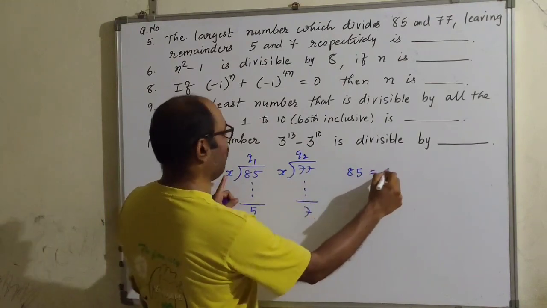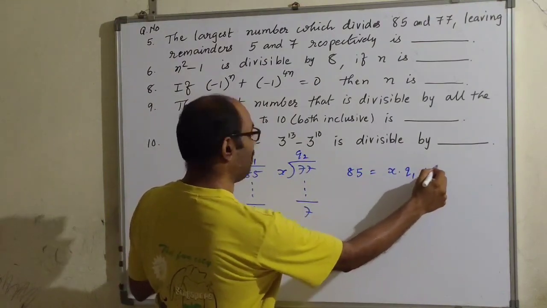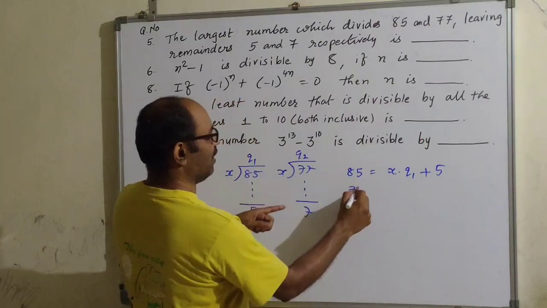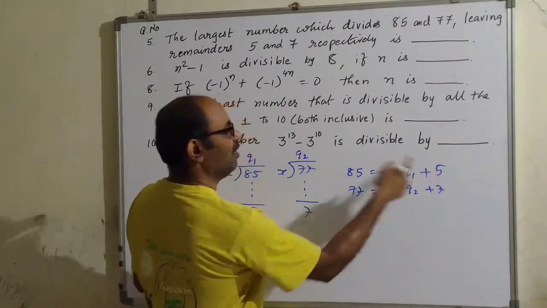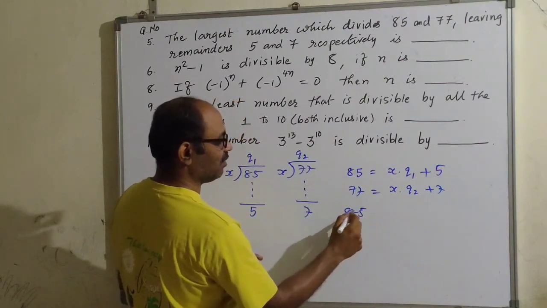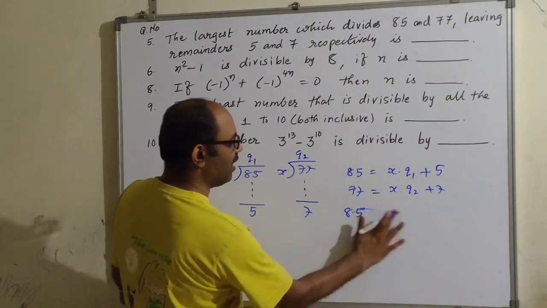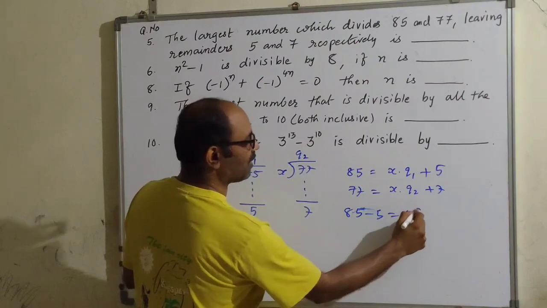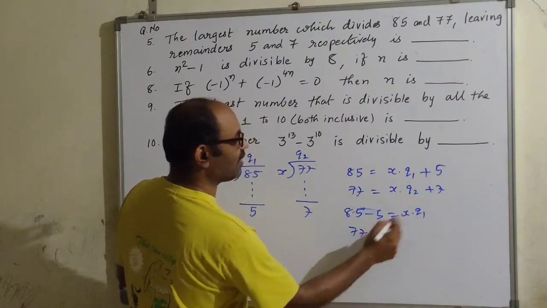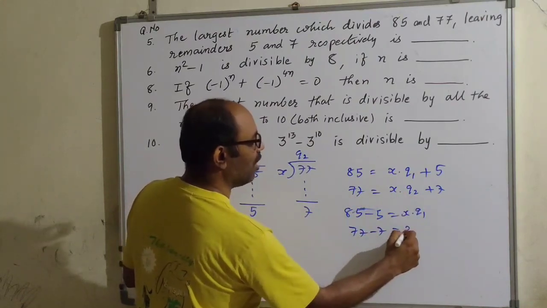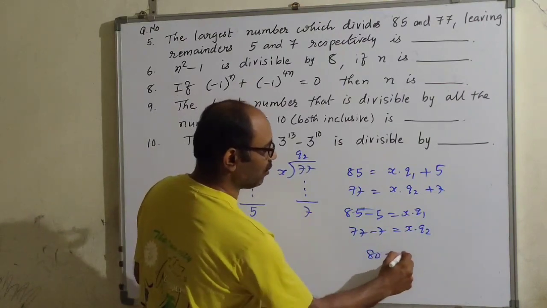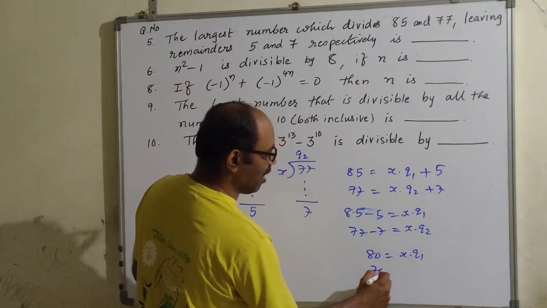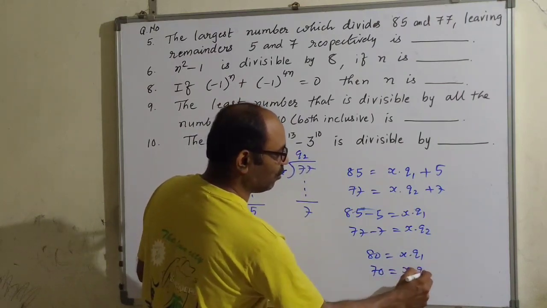So 85 is equal to x into Q1 plus 5, and 77 is equal to x into Q2 plus 7. So 85 minus 5 is equal to x into Q1, and 77 minus 7 is equal to x into Q2. So that is 80 is equal to x into Q1 and 70 is equal to x into Q2.